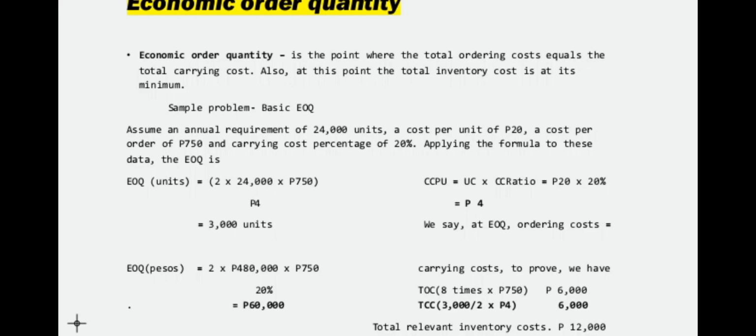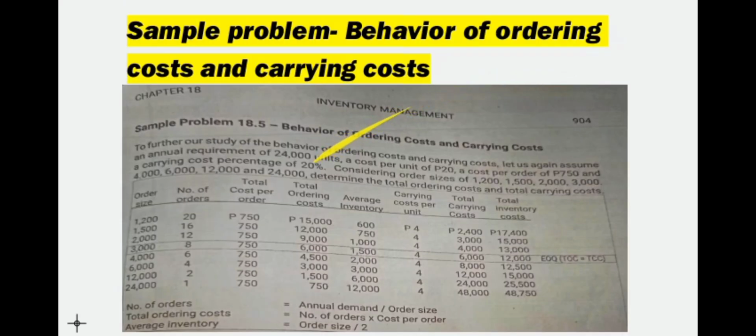So the total ordering cost should equal the total carrying cost. The total ordering cost is 8 orders times 750, which equals 6,000. Then the total carrying cost is 3,000 divided by 2 times 4, which equals 6,000. So the total inventory cost results in 12,000.